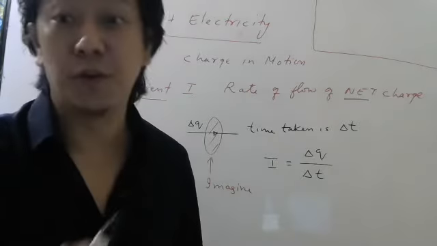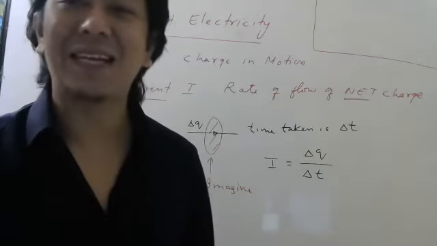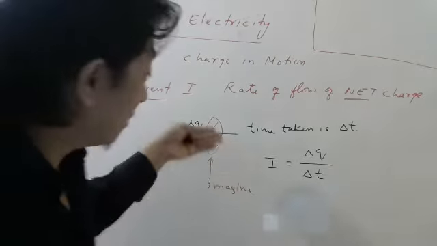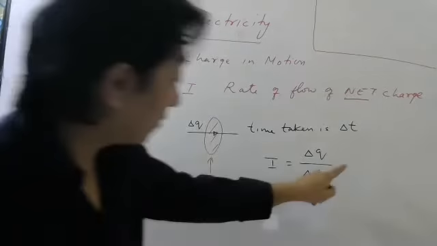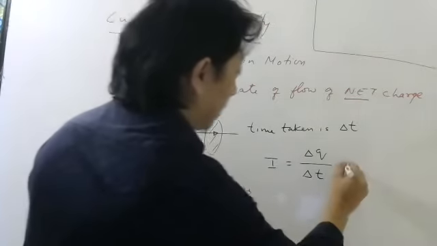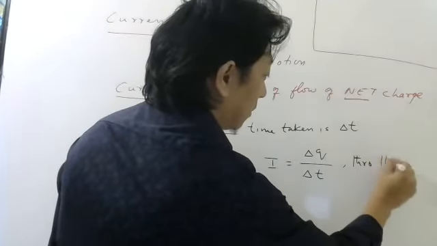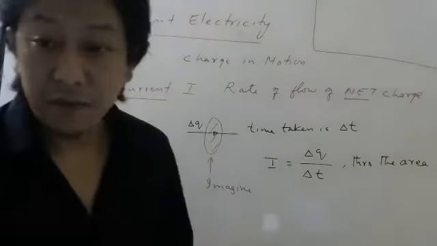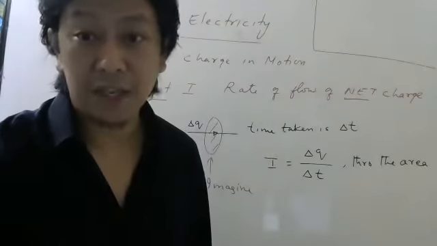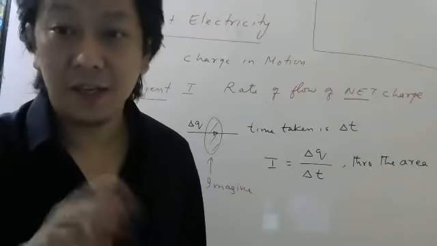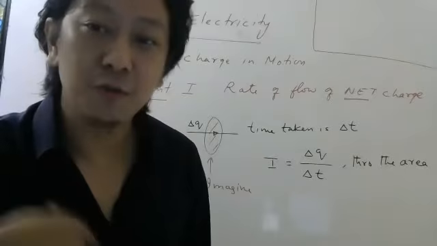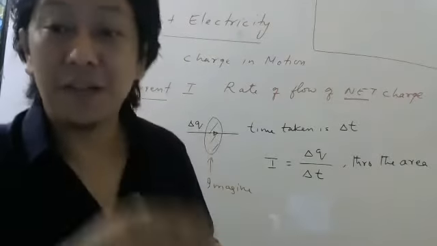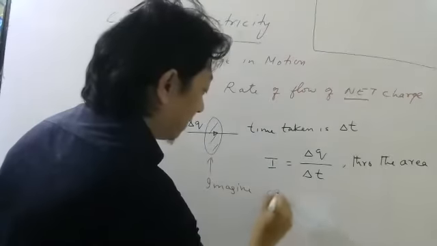Don't simply say charge by time. First, calculate how much charge is crossing some area, then divide by that time. That is called the current through the area. Now, if the same charge keeps flowing per second, first second 2 coulomb passed, next second 2 coulomb, third second 2 coulomb, fourth second 2 coulomb, then we call it steady current.